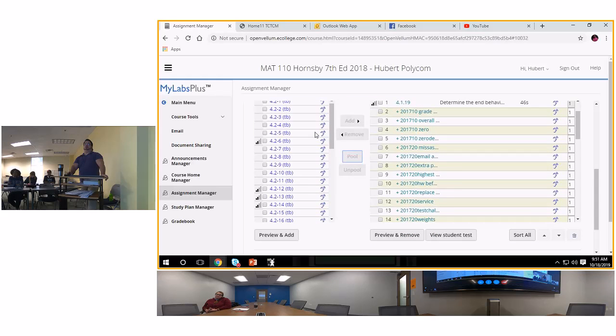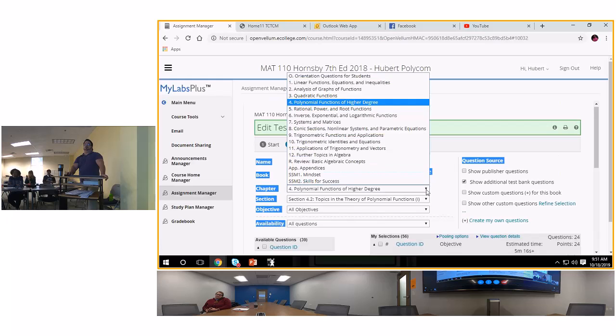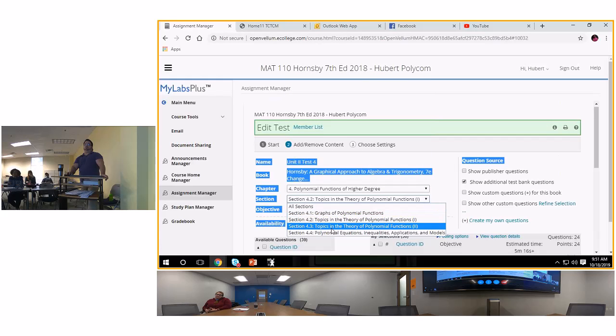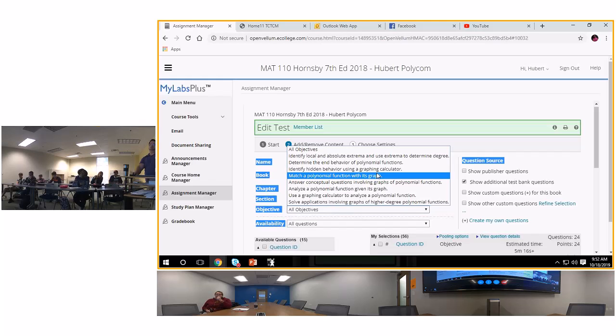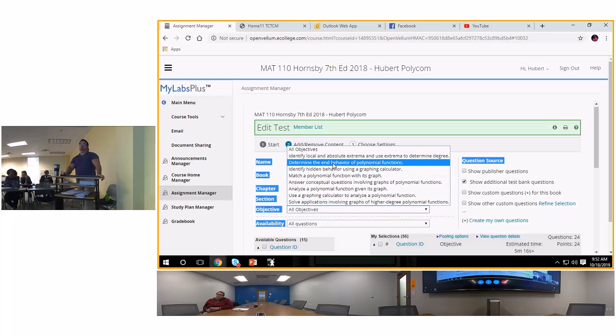Let me give you some more of those. 4.1. Ending behavior. Which one says ending behavior? Where's ending behavior? There it is. Is that ending behavior? Yeah, that's right. Oh yeah, that's hidden. Okay, I want to do this one.